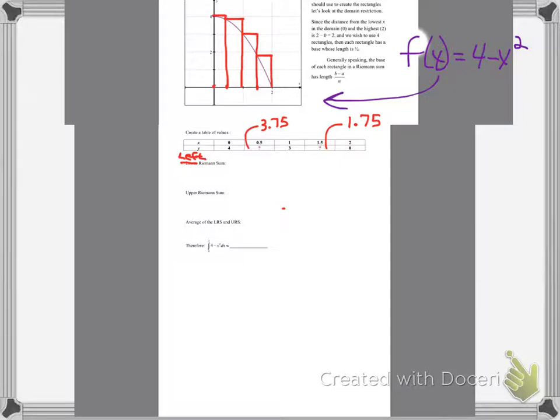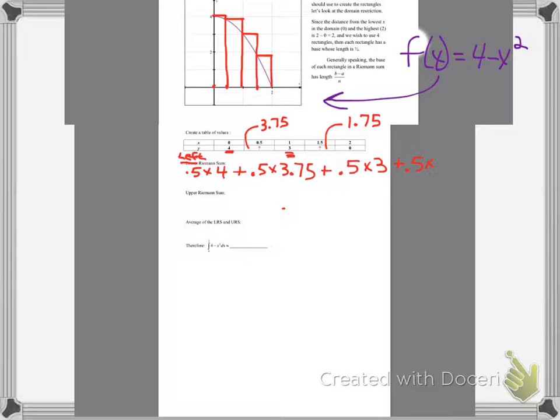So to figure out what they are, using my table, each of my bases is 0.5, so I would say 0.5 times 4 plus 0.5 times the 3.75 plus 0.5 times 3, so that's right there, because my y values are my heights, plus 0.5 times, what comes next?